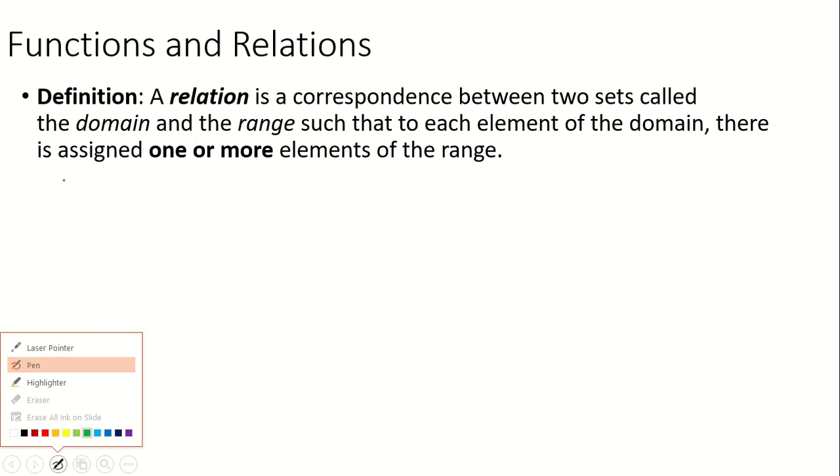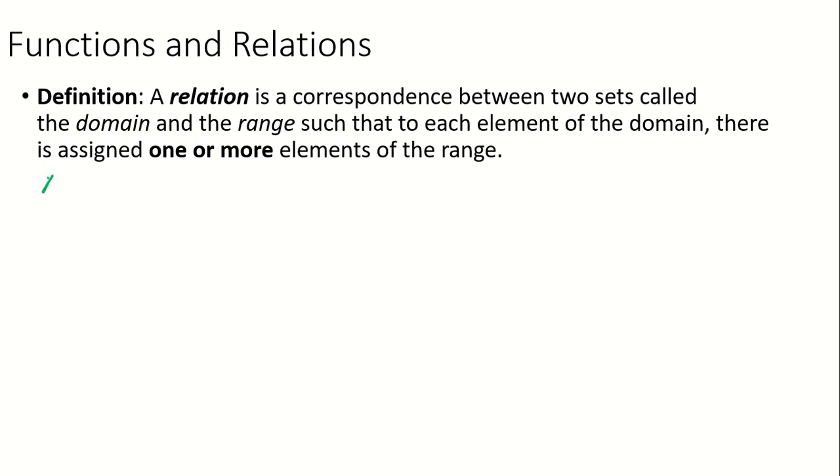So let's recall our Cartesian product. Let's say A has elements 0, 1, and 2, and B has elements 1, 2, and 3. Let's try to get a relation which is A cross B, or the Cartesian product.